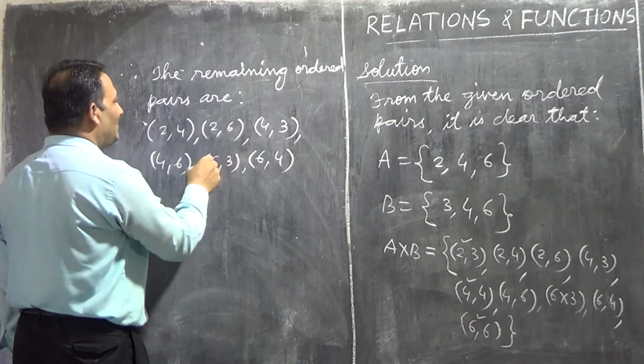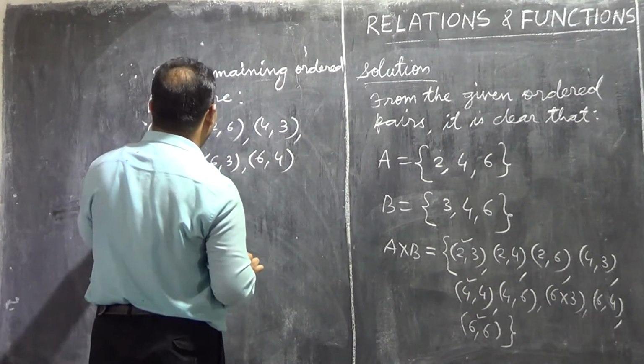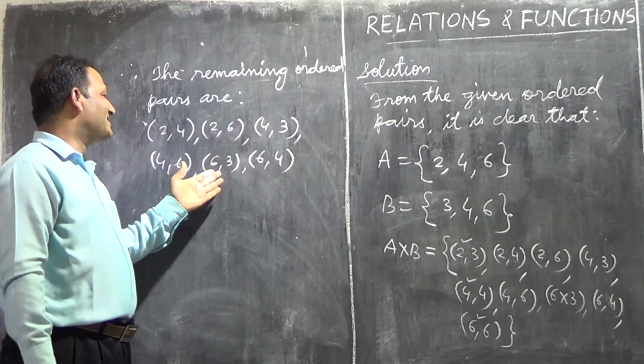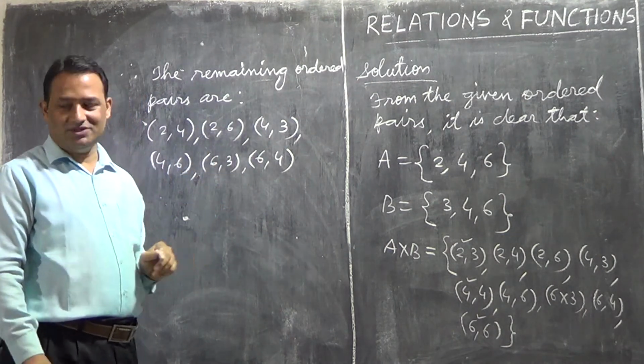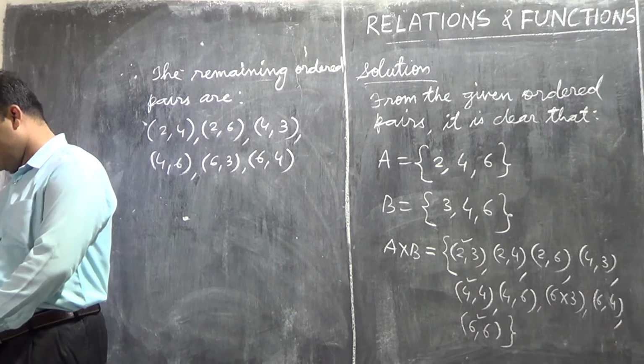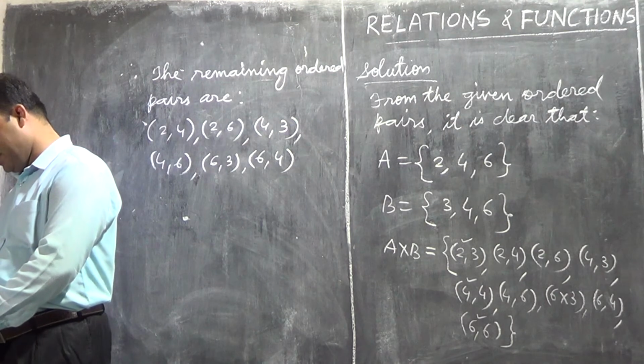So 1, 2, 3, 4, 5, 6. So these are the remaining ordered pairs, and this was what the question was asking.